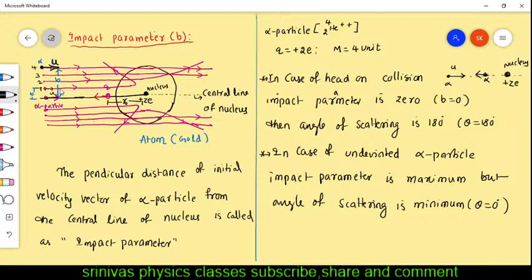The first alpha particle's distance from the central line is also called the impact parameter. That means based on the alpha particle, the impact parameter changes. When you go away from the center line, the distance increases, and the impact parameter also increases, right? Okay, clear students? Can I erase?